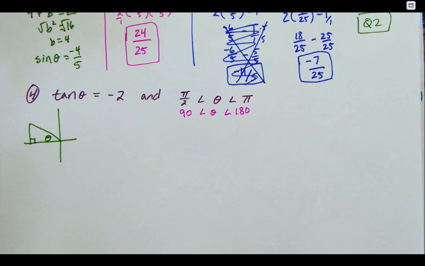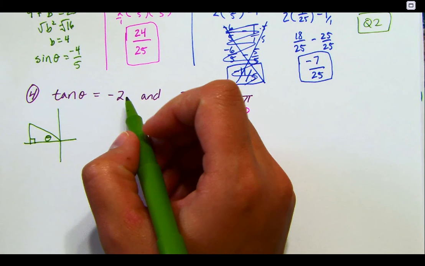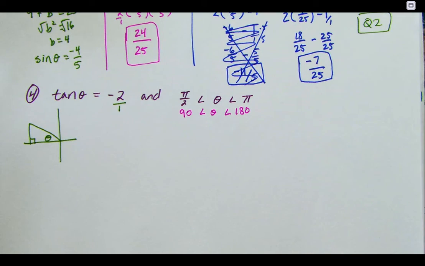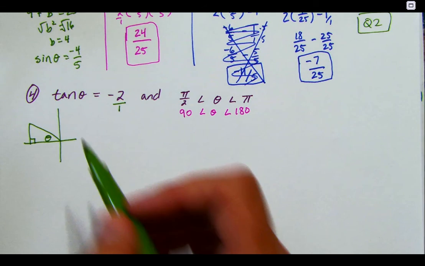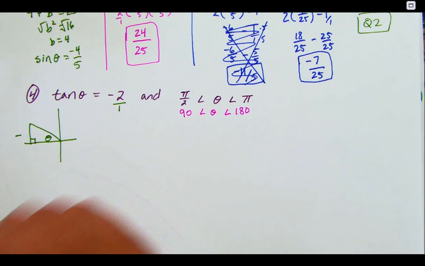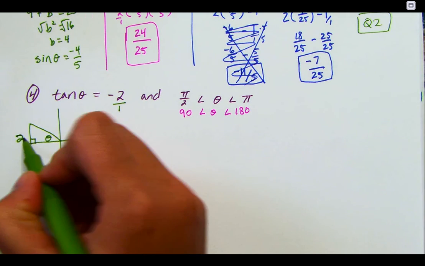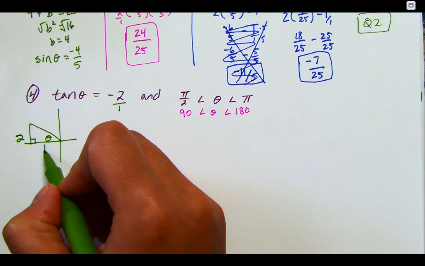And this time they are giving us tangent. So we're thinking of SOHCAHTOA. Tangent is opposite over adjacent. So I only have one number, so I'm assuming that it is over 1. So opposite would be the 2, and then adjacent is 1.